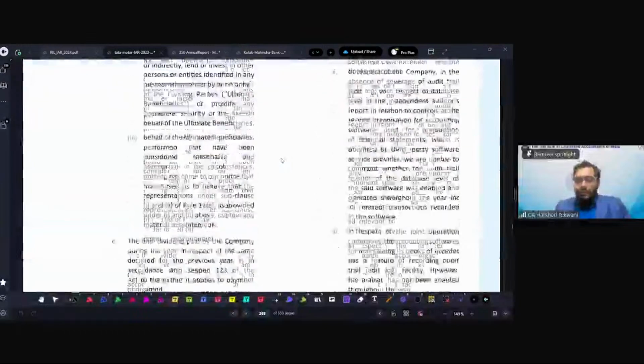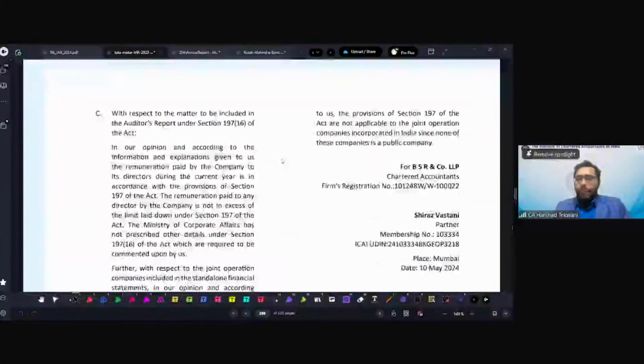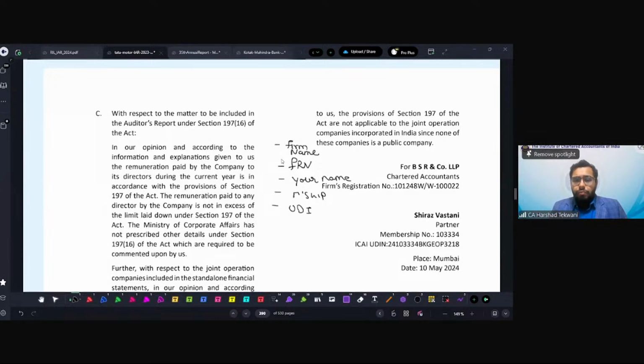After this part, it is just your firm name, FRN, your name as the signing partner, membership number, UDIN, date, and place.